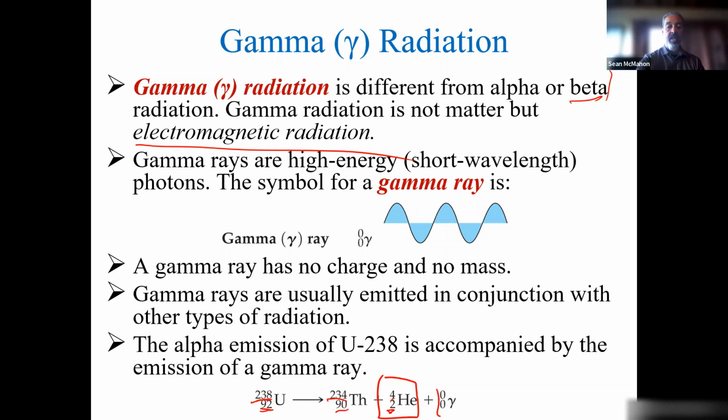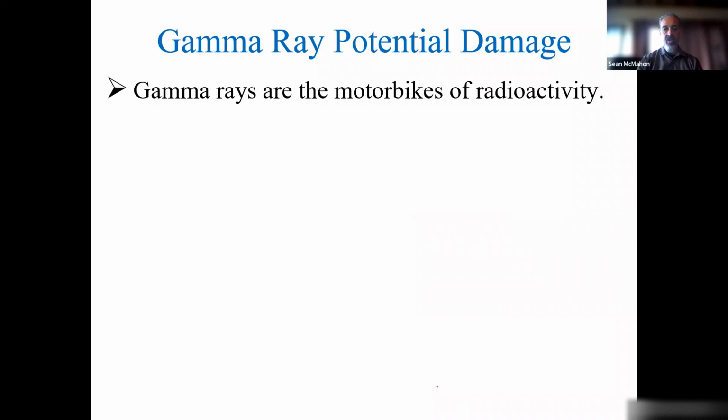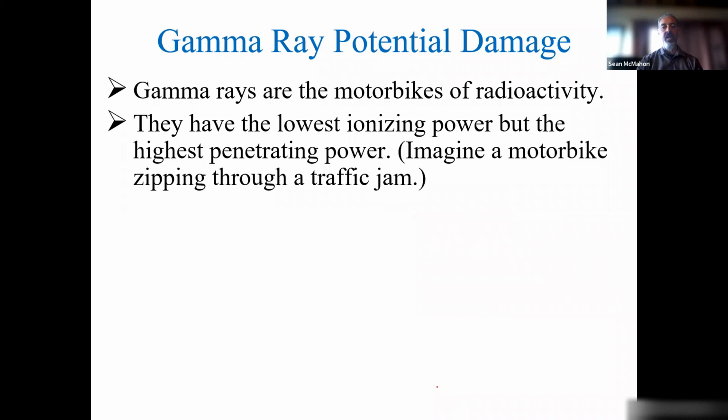But what I didn't write is this also can emit some gamma radiation, which is light. Now gamma has low ionizing power, but high penetration. You can think of it as the motorbike of radioactivity. They have the lowest ionizing power, but high penetration.